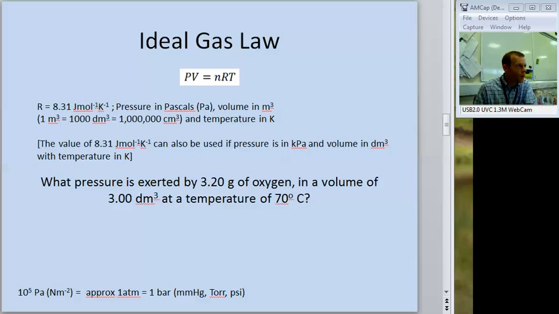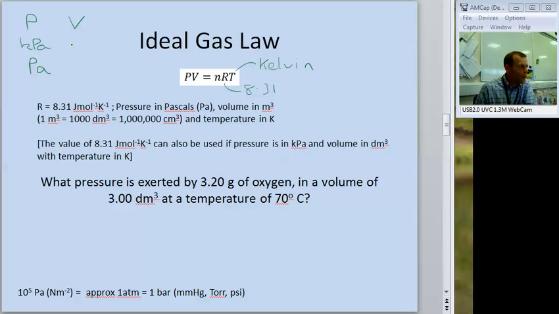It's worth spending a moment thinking about what these units need to be. So this again has to be in Kelvin. It must be in Kelvin. This is always going to be 8.31. This is a number of moles, volume, and pressure. Now, if pressure is in kilopascals, or it may be in pascals, they're your options.